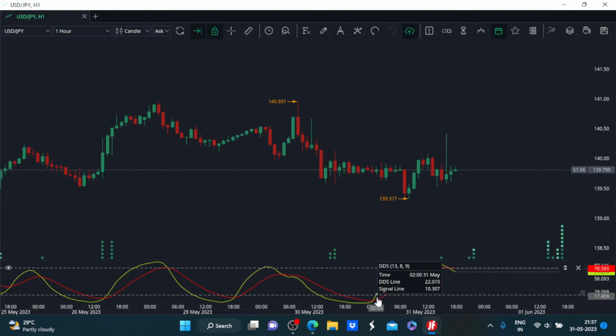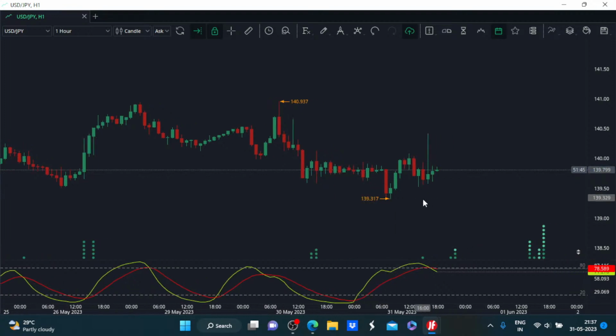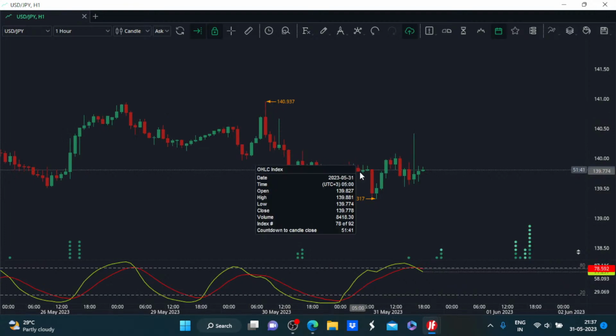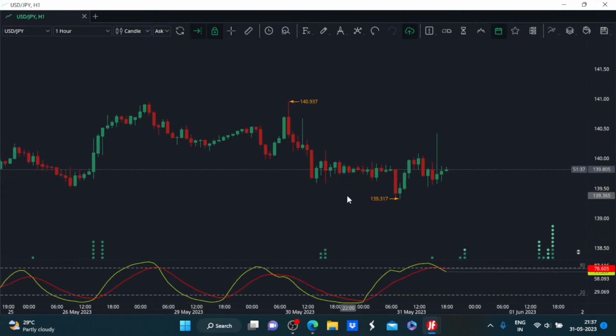Even in that scenario, we are not really seeing multiple signals being generated. Only once there was a crossover, it didn't really change the direction. The USD JPY didn't really change direction from here. Again, there was a dip, and only in the course of time it picked up the momentum.